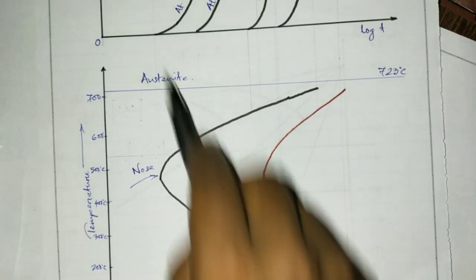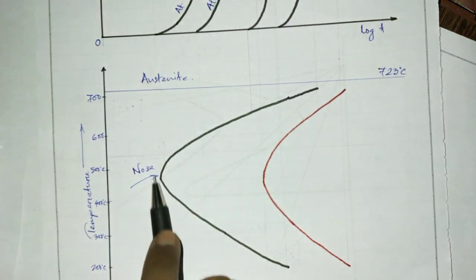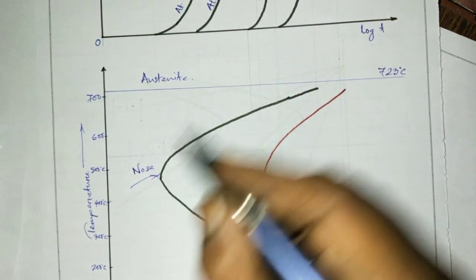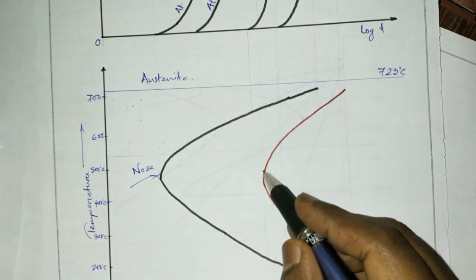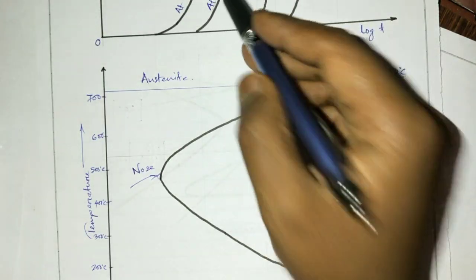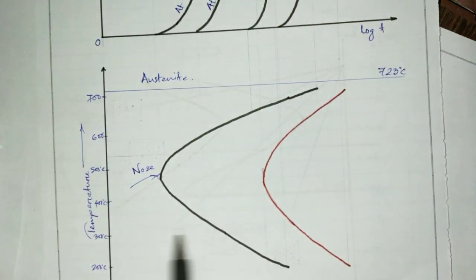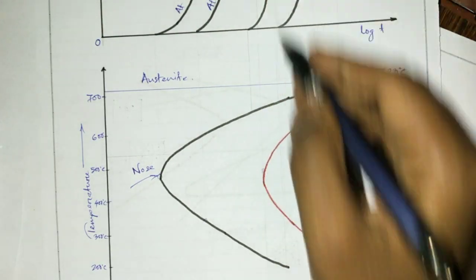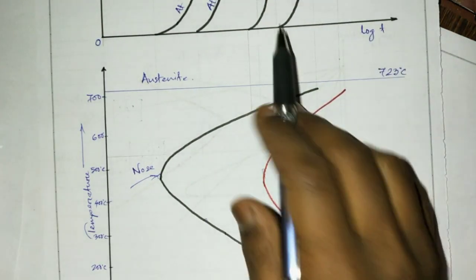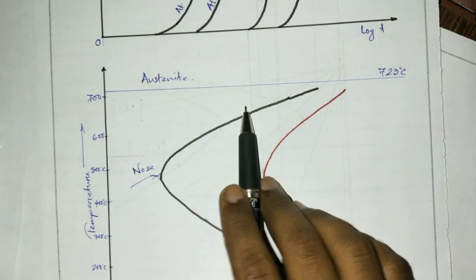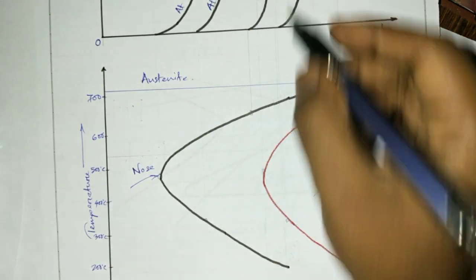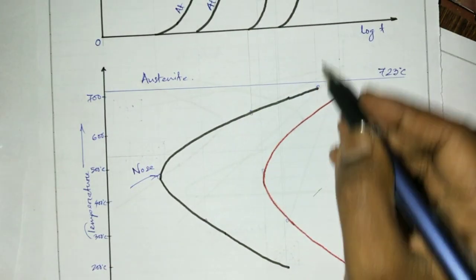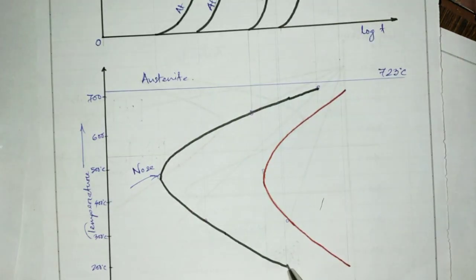For example, at 550 degrees centigrade, it starts at this point and ends at this point. At 400 degrees centigrade, it starts at this point and ends at this point. At 650 degrees centigrade, it starts over here and ends over here. And at 200 degrees centigrade, it starts over here and ends over here.